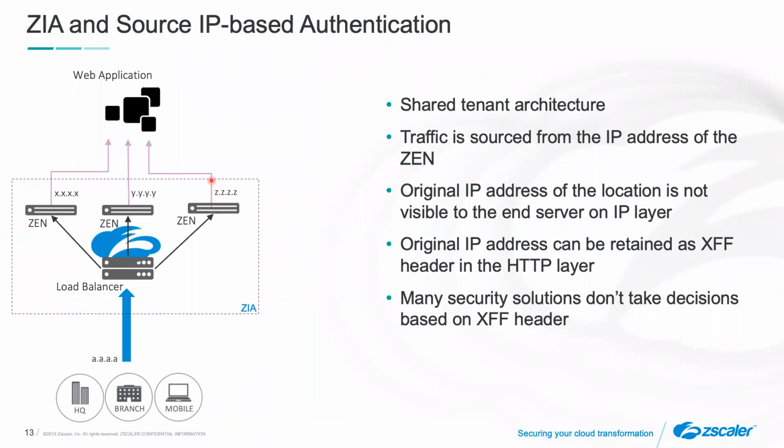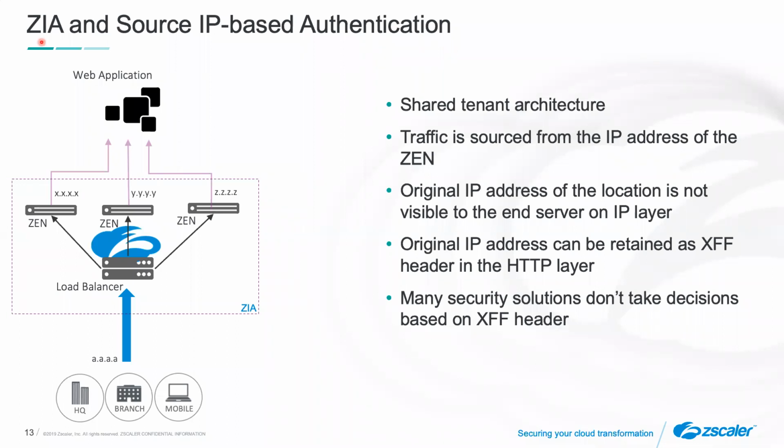And this has been seen for many different applications, especially government websites. For example, the Indian tax website won't be accessible if this IP address belongs to an IP outside India. So that explains the problem that source IP based authentication has with Zscaler Internet Access.